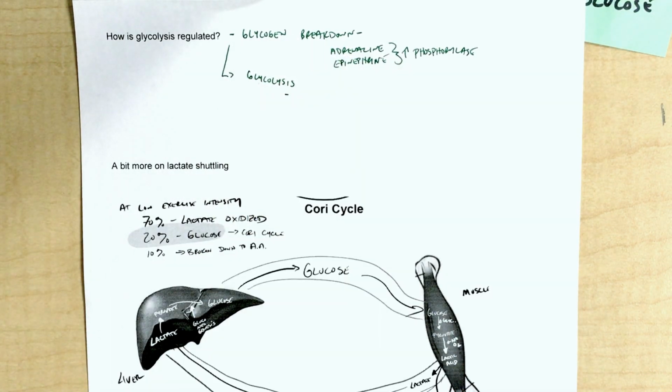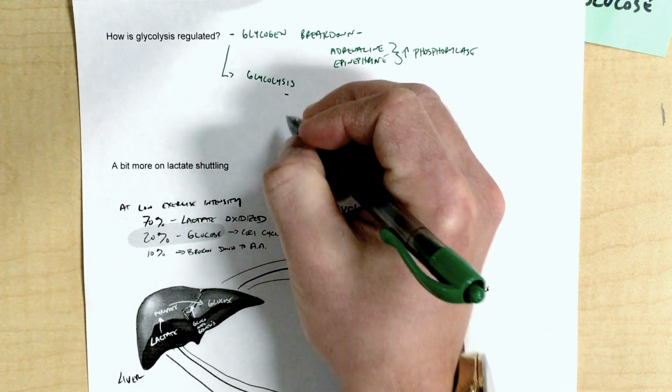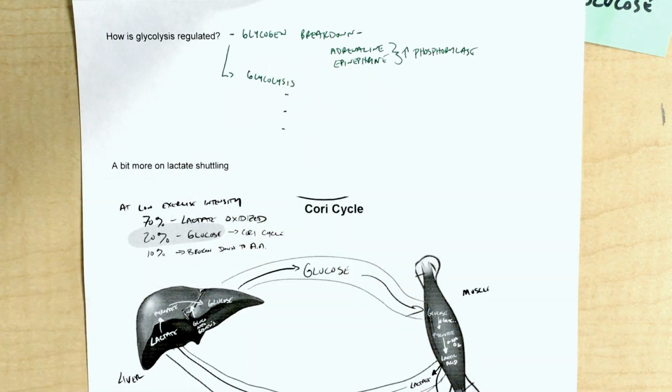Couple things. How can we increase the rate of that? What do you guys think? Increase the amount of substrate. Okay, so we have more glucose, but what do we know about glycolysis? What kind of slows it down? What's that?